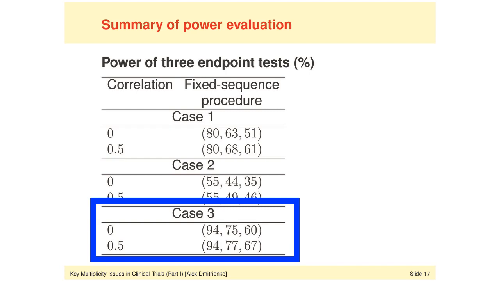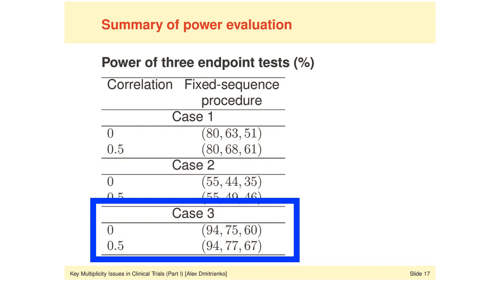It drops from 80% to 75% or to 77%, depending on the common correlation coefficient. And even in this favorable configuration, the probability of rejecting the third hypothesis is down by almost 20% in the case of independent endpoints. It goes down from 80% down to 60%.